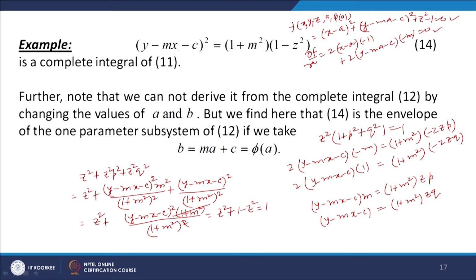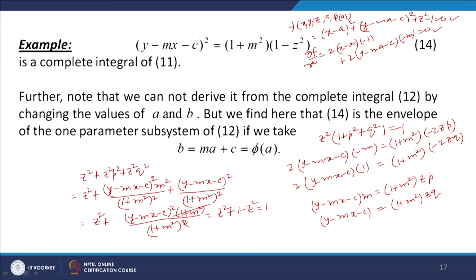We will arrive at this solution, y minus mx minus c whole square equal to 1 plus m square into 1 minus z square. So, this complete integral can be found from the complete integral given by equation 12 if we consider the 1 parameter subsystem of 12 with b equal to ma plus c.